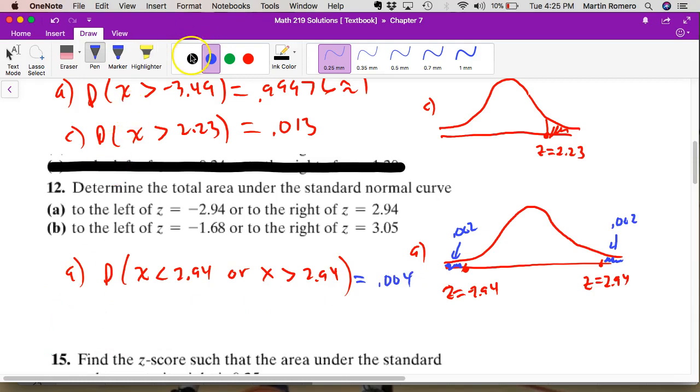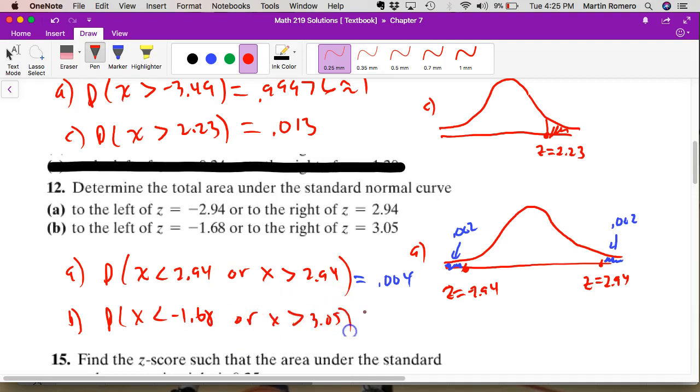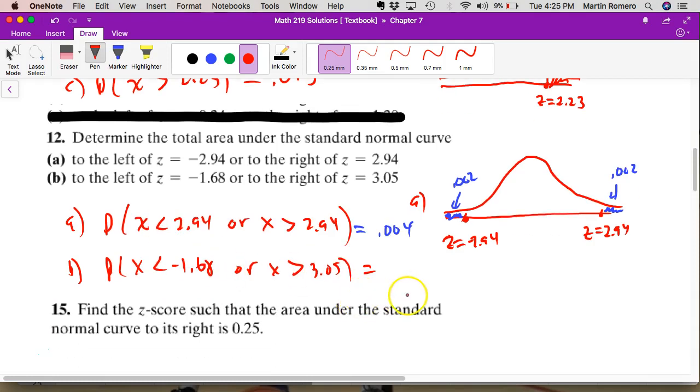And then for B, we want the probability x is less than negative 1.68 or x is to the right, so greater than 3.05. We're going to have to do those two calculations separately.